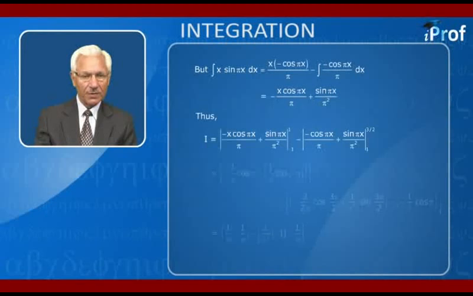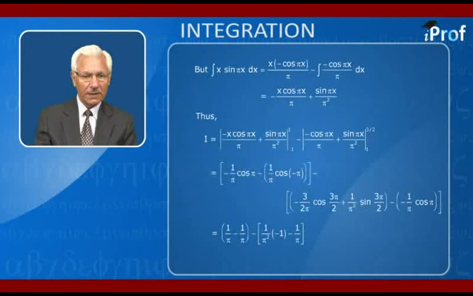Therefore it becomes minus 1 upon pi into cos pi, minus 1 upon pi into cos of minus pi, minus 3 by 2 pi into cos of 3 pi by 2 plus 1 upon pi square sine 3 pi by 2, that is when we put x equal to 3 by 2, minus times minus 1 upon pi cos pi, that is when we put x equal to 1.